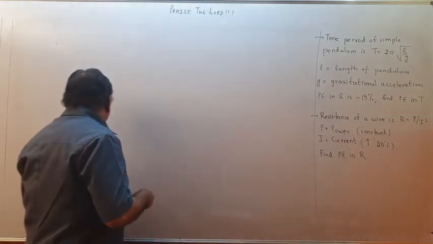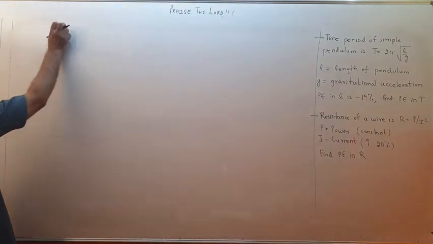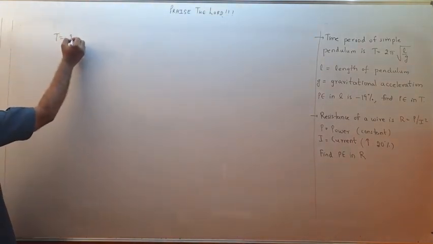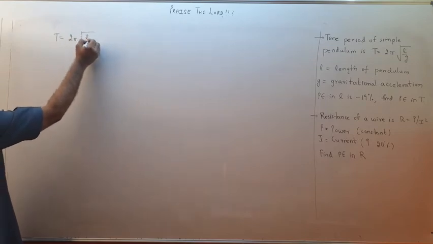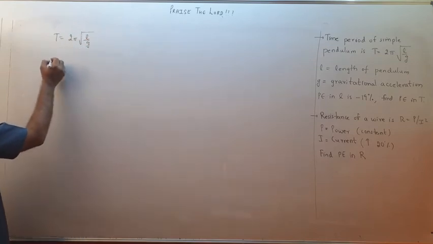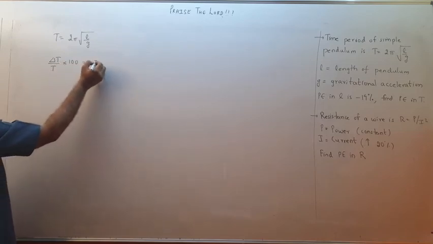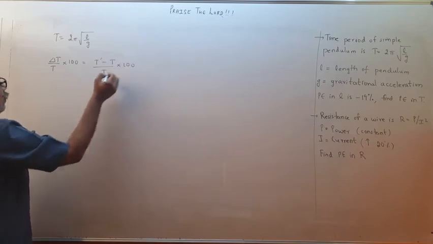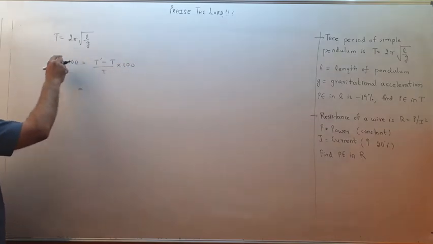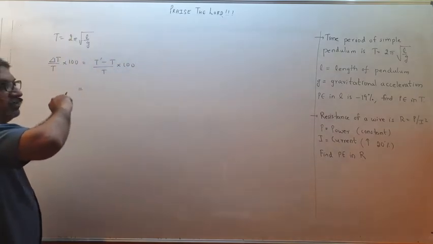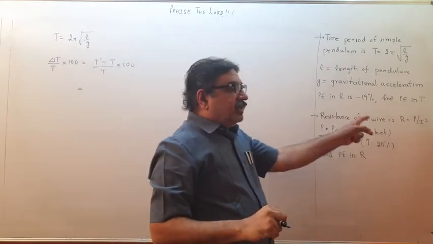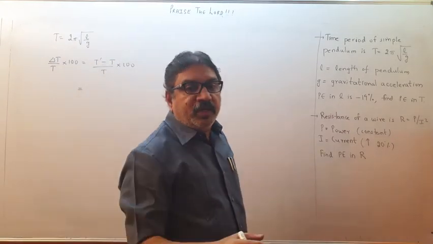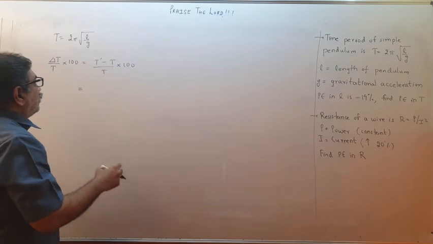So how do we do it, children? See, T is 2π root L upon g. So if I want percentage error in time period, it will be like this: (T' minus T) upon T into 100. T' means new time period. It will change because length is changing. Gravitational constant will remain 9.8 everywhere, so let us assume that g is constant.